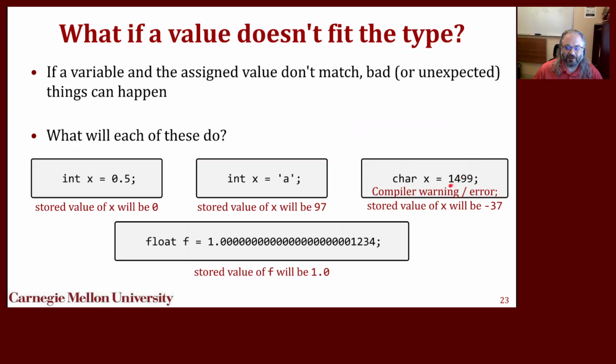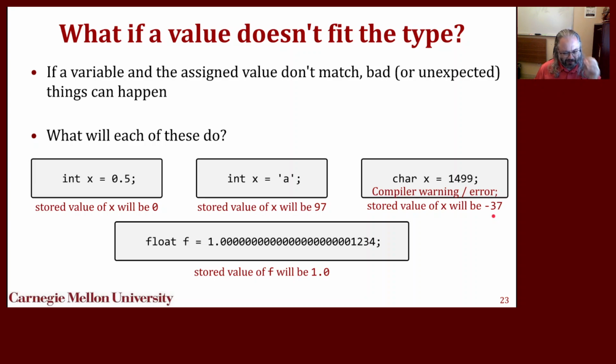I've given the integer 1,499 as an integer literal, and I'm telling the compiler, treat this like a character. And it's going to say, that might not be a good idea, but I'm going to assume what you want me to do with that integer value. And from 1,499, I'm going to make an assumption that leads to the value of -37.